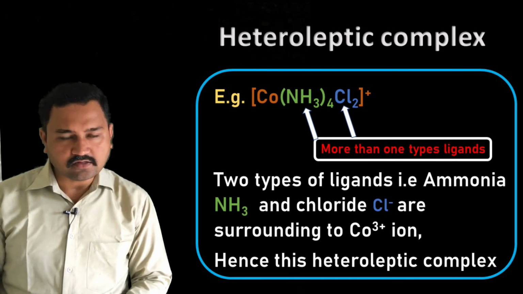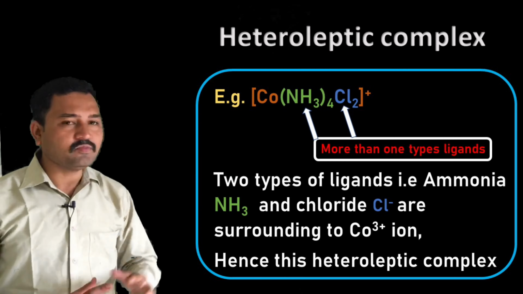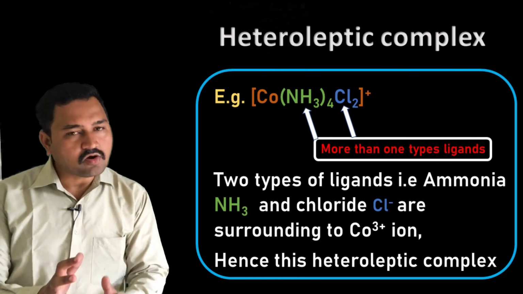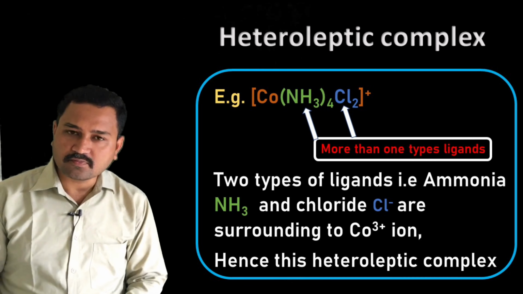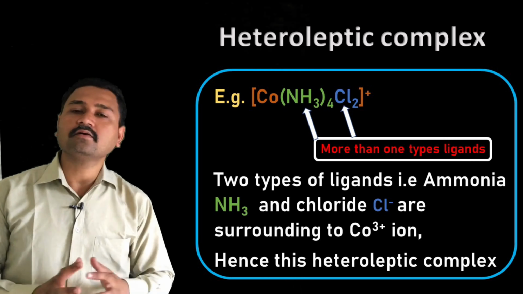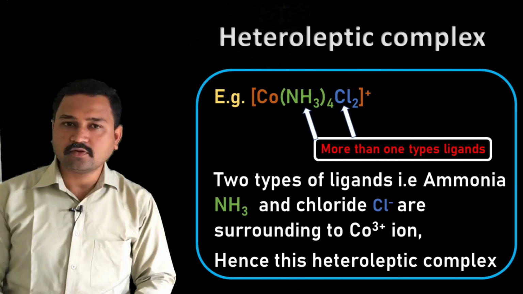This is again a complex ion. In this complex ion, the 4 ammonia and the 2 chlorine are coordinated to the central metal cobalt ion. Hence in this complex there are two different types of ligand present, that is ammonia and chlorine. Hence this is an example of a heteroleptic complex.